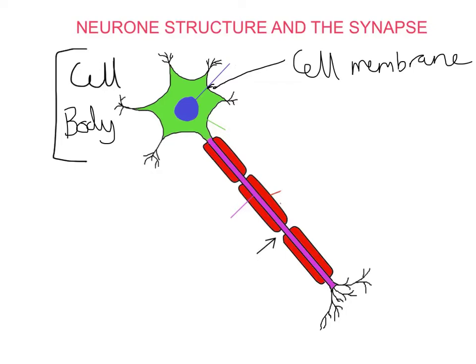And you can see labelled in blue here, so I'll just write it in the blue, this big blue dot here is the nucleus. And the nucleus in any cell controls a cell's activities. Now, imagine you were to physically grab this cell membrane and pinch a bit of it up.